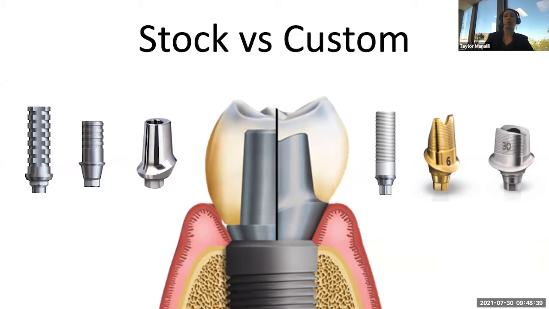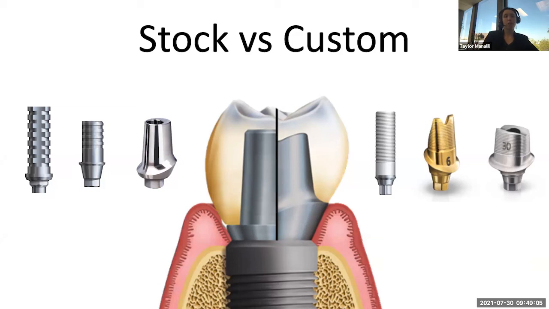It's easier to control where that margin is in relation to the tissue height. It's easier for cement cleanup. It's more comfortable for the patient a lot of times. It's just overall such an easier abutment to deal with. And with the advent of technology, the cost of these custom abutments has come down quite a bit, and it's much easier to prescribe these as well.